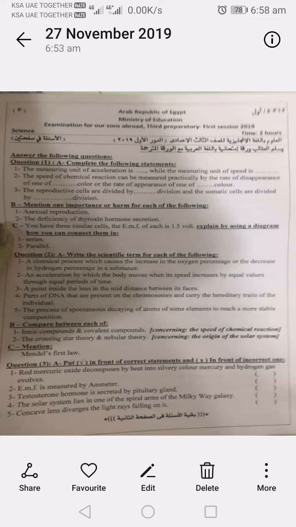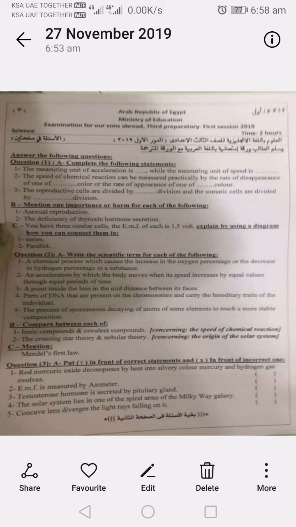A point inside the lens in the mid distance between its faces: the optical center. Parts of DNA that are present in the chromosomes and carry the hereditary traits of the individual: genes. The process of spontaneous decaying of atoms of some elements to reach a more suitable composition: radioactive phenomena.